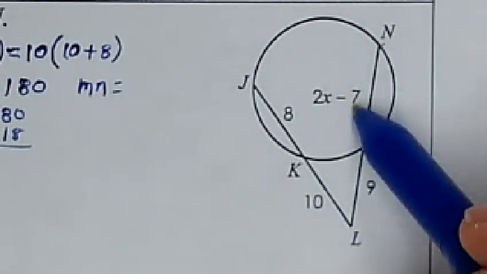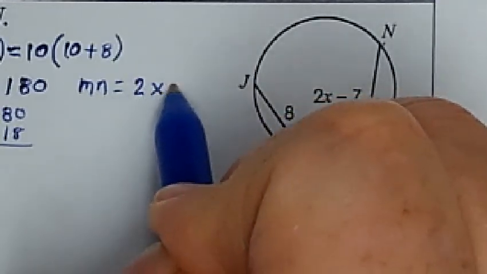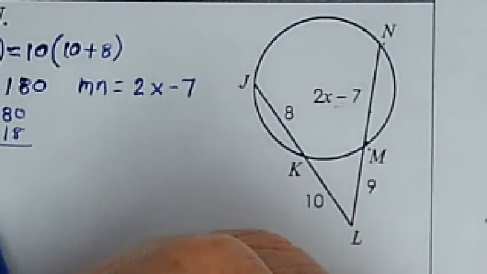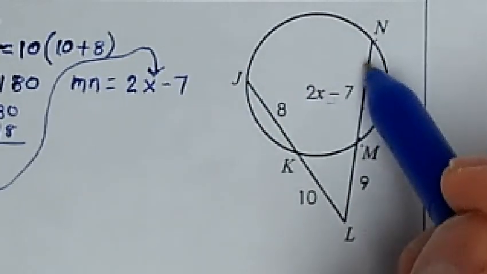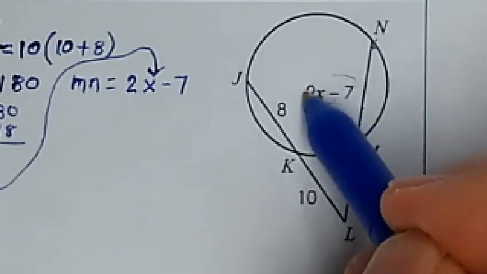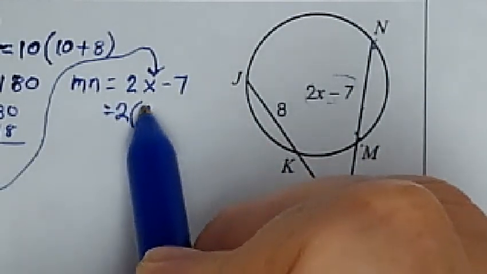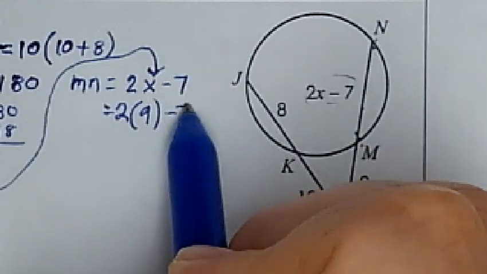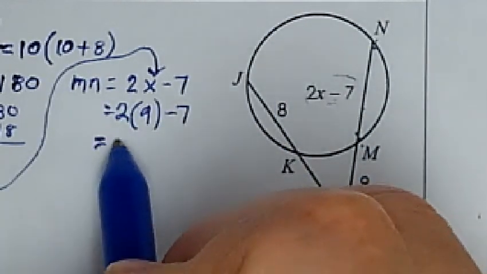You take that 9, plug it in here. So I'm going to say 2 times x, which we know is 9, minus 7. It was an input value. What was that, 18 minus 7? So what's the final answer? 11.